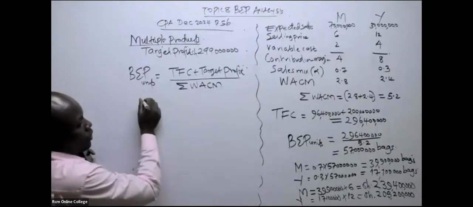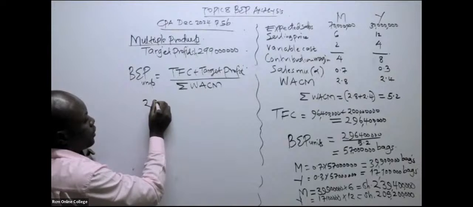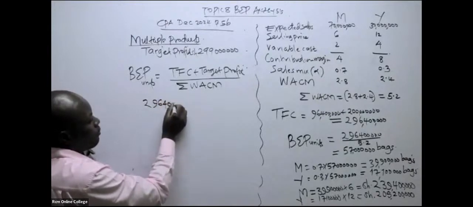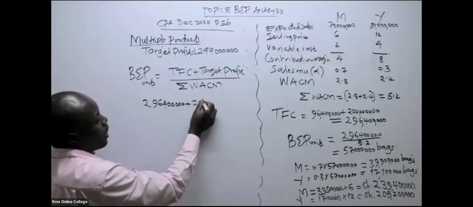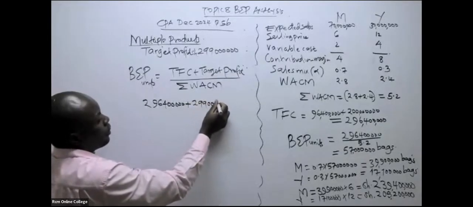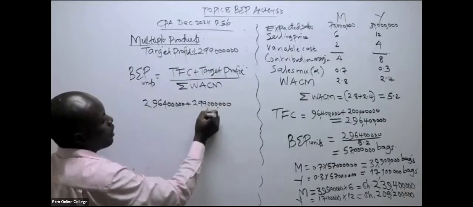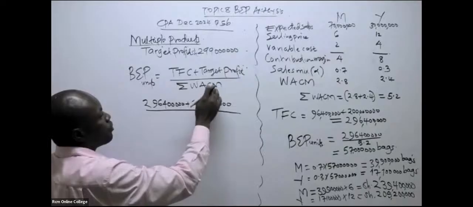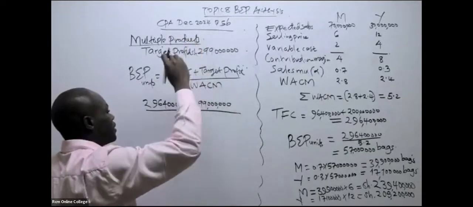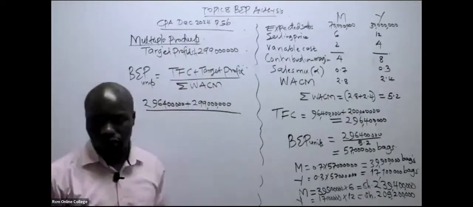Yes, 296,400,000 plus target profit of 299 million, divided by the summation of weighted average contribution margin under the current sales mix ratio.